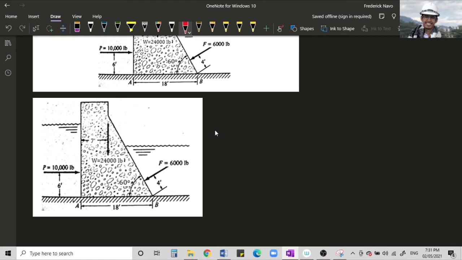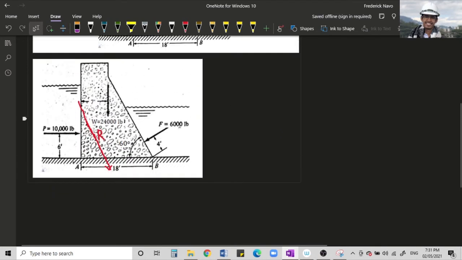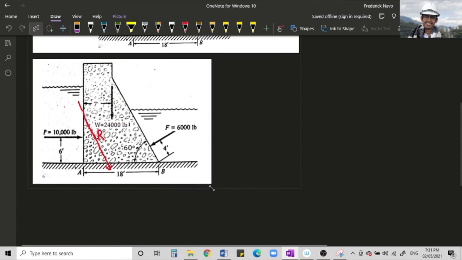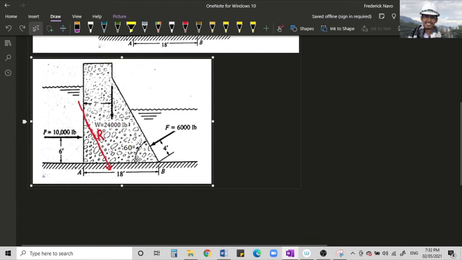So ganito. Yan. So ganito yung ating resultant R. And sabi niya dito, for good design, this intersection should occur within the middle third of the base. Okay. So kung ito yung ating base, so yung middle third niya is, so hatiin lang natin to sa tatlo.